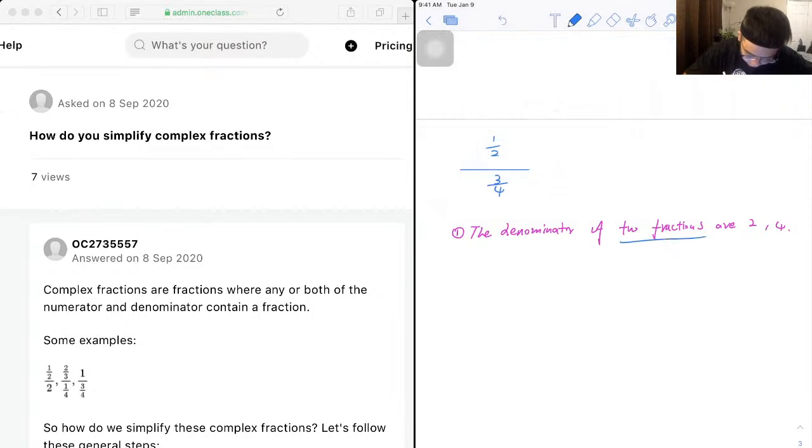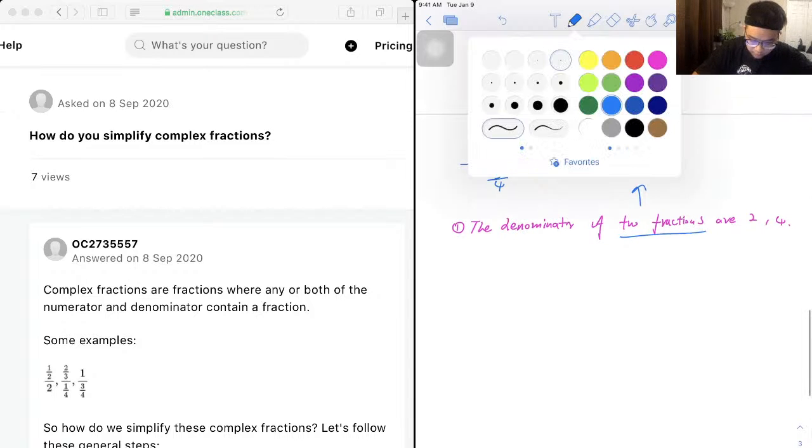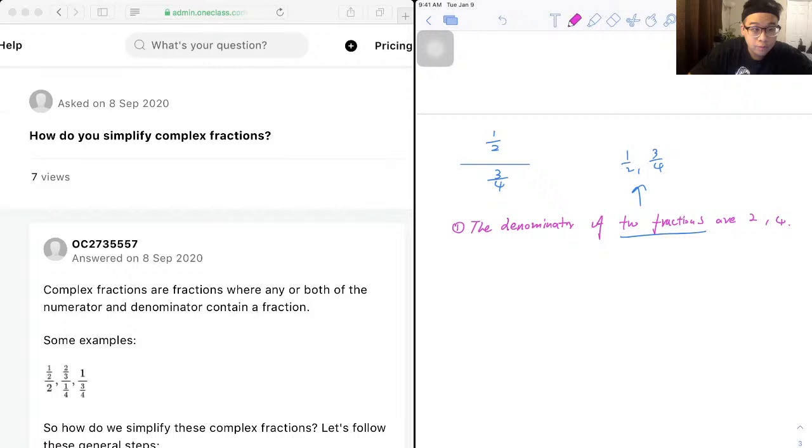And these two fractions are just 1 over 2 and 3 over 4. So the common denominator of 2 and 4 is just going to be 4. So now let's just multiply 4 to both fractions.